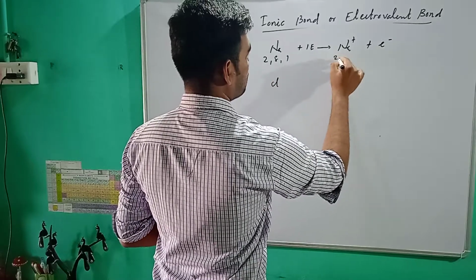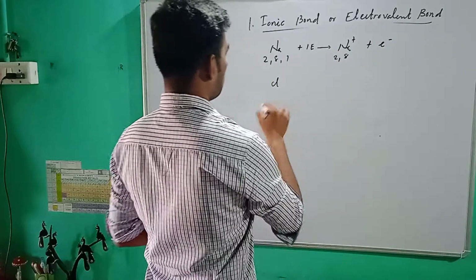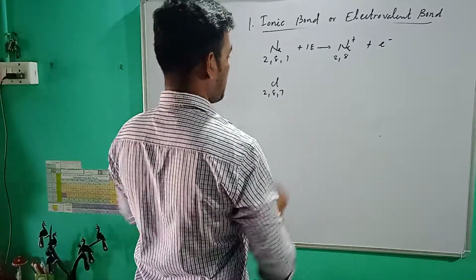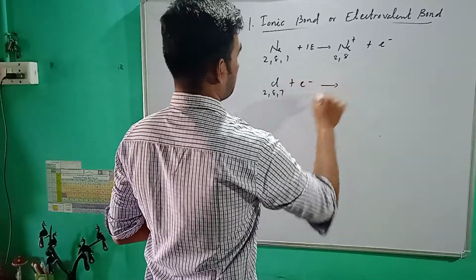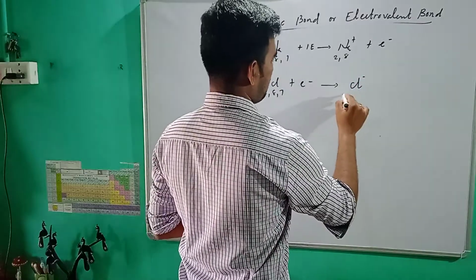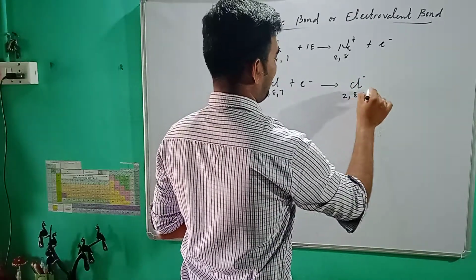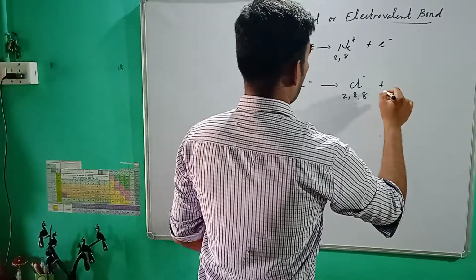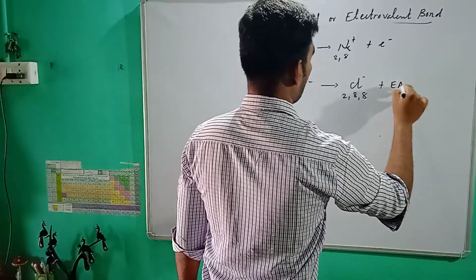Now sodium has 2-8 configuration. Chlorine has 2-8-7 configuration. It accepts 1 electron and becomes chloride ion. Now the configuration is 2-8-8 with the release of energy that is called electron affinity or electron gain enthalpy.